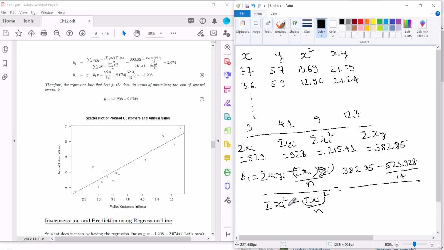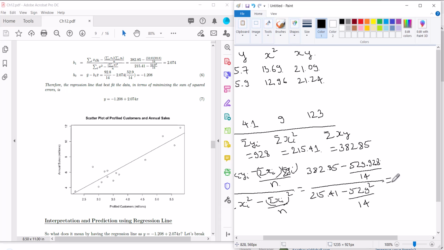Denominator, sum of xi squared, which is this one here, 215.41, minus sum of xi, which is 52.9 squared, divided by n, which is 40. So this calculation will give you B1 equal to 2.074.